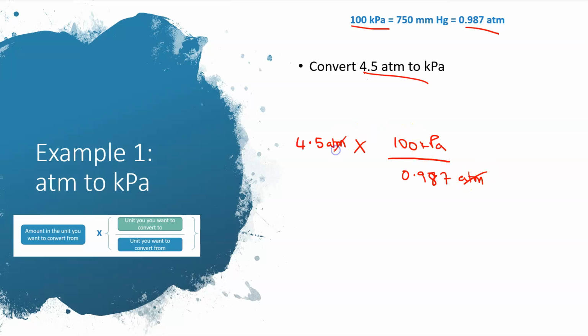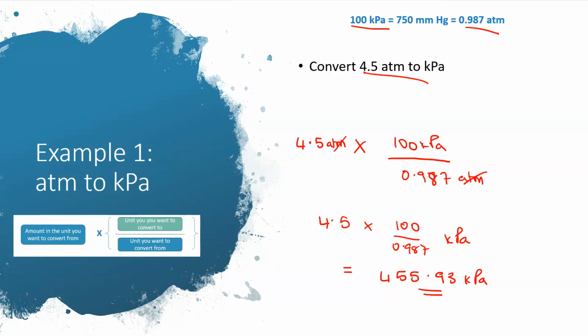These will cancel out, so I'm going to get my 4.5 times 100 over 0.987, and that will all be left in kPa, which is going to be equal to 455.93 kPa. So now we've done the conversion.